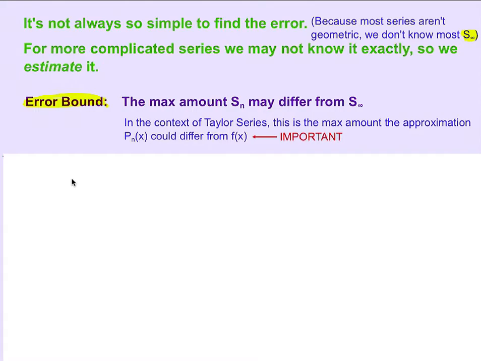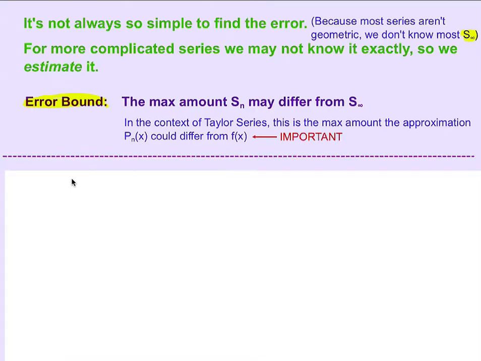We could do that. And however many terms we stop at, we'll be off by a certain amount. We're not sure exactly how much that amount would be, but the maximum amount that error could be is called the error bound. It'll make a little bit more sense when we see some examples.